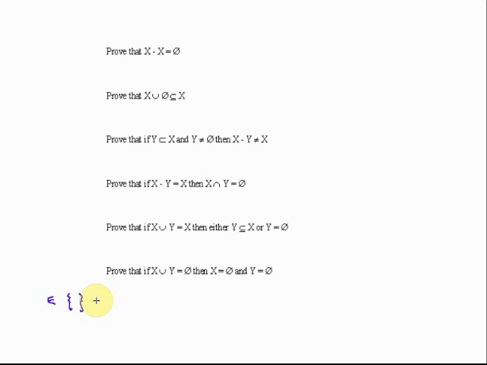We've introduced a symbol for a subset and for a proper subset, and we've said that a set X is a subset of a set Y if and only if everything in X is also in Y. X is a proper subset of Y if everything in X is in Y, and moreover there are some things in Y which are not in X.